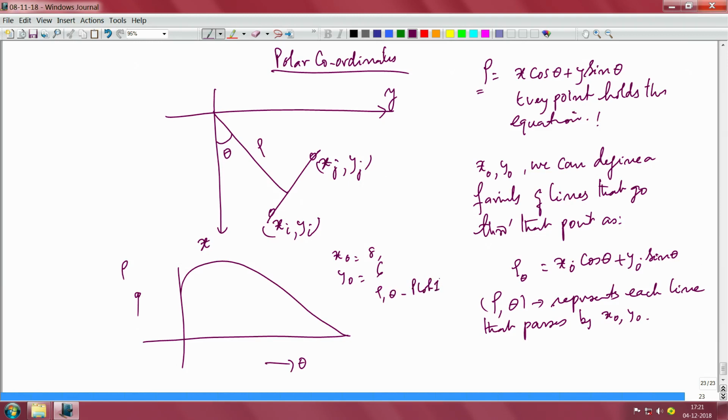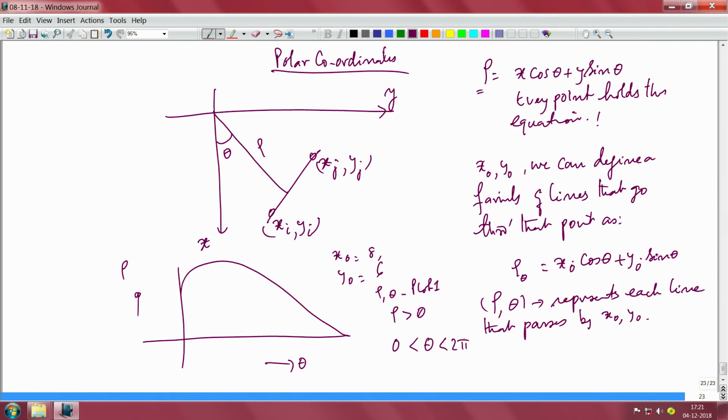Then you have to note that rho is always greater than 0, it can be 0, and theta lies between 0 and 2 pi.